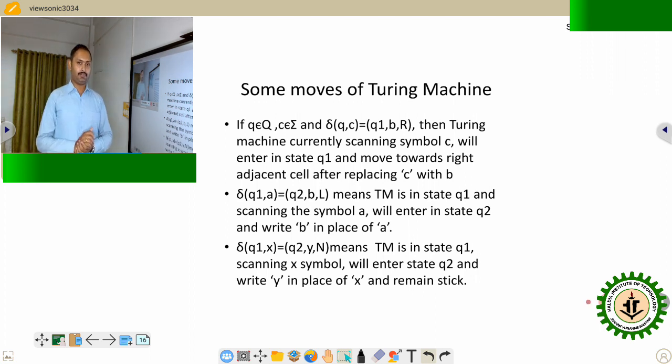So these are the special features of Turing machine. And here the read-write head will accept the input symbol, and after accepting it will also write over there on the input tape. So these are the basic operations which will be performed by Turing machine.